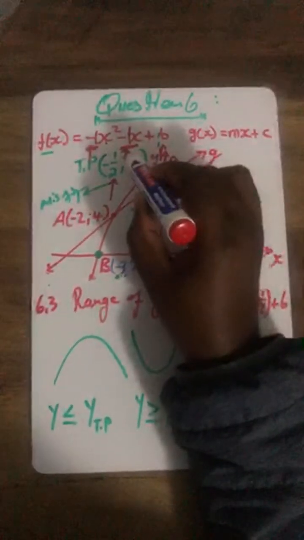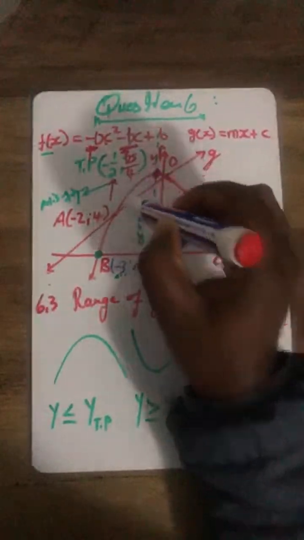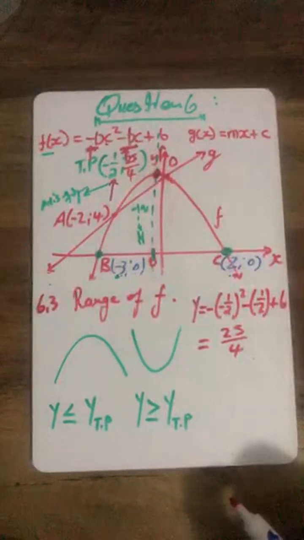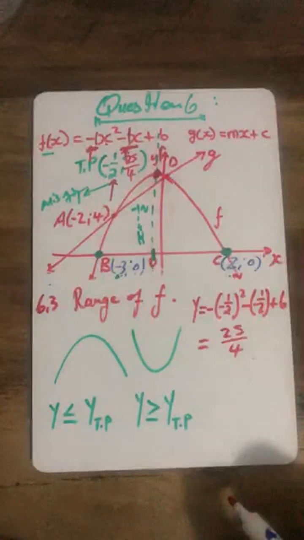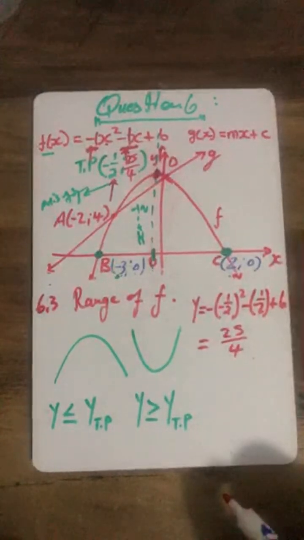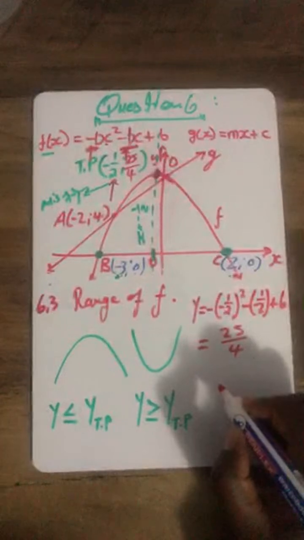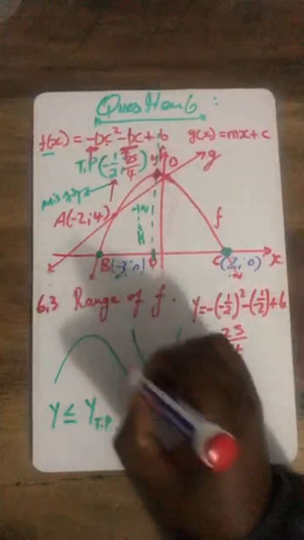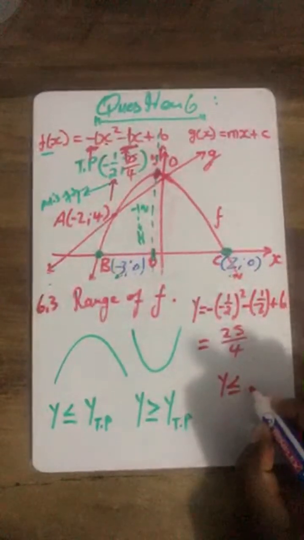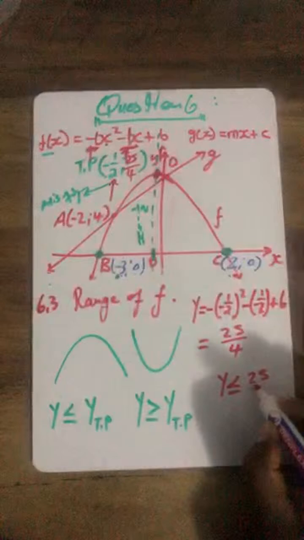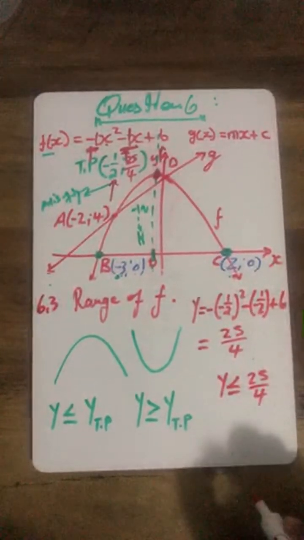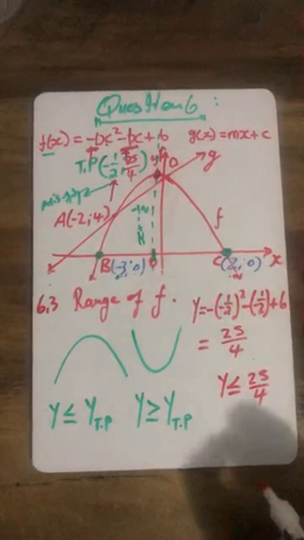Yes, so that means the y value of the turning point there is 25 over 4. Then it therefore means, because it is a sad shape, you just say y is less than or equal to 25 over 4. That's how easy it is.